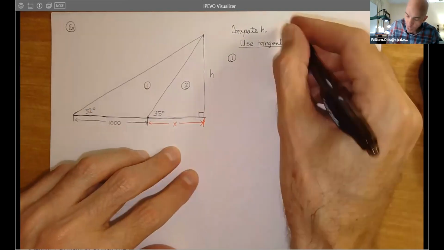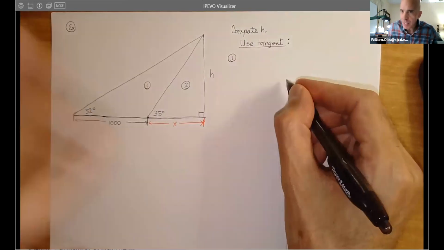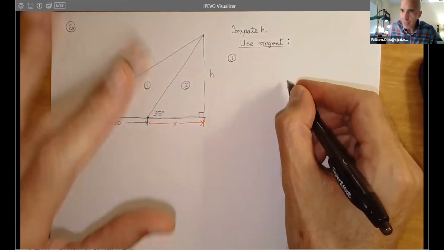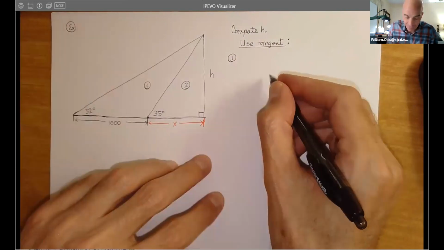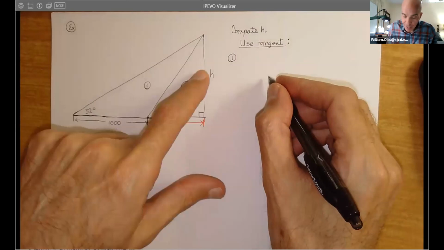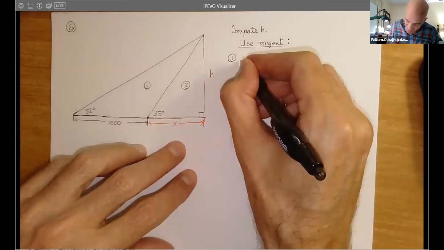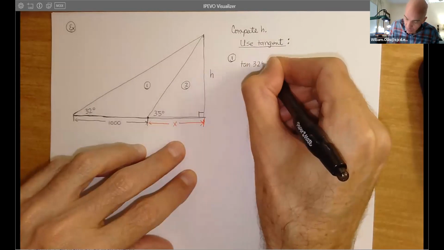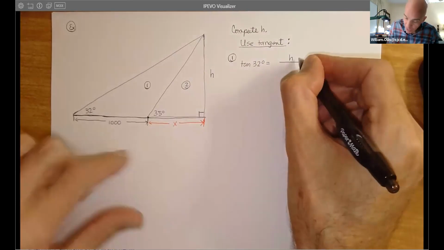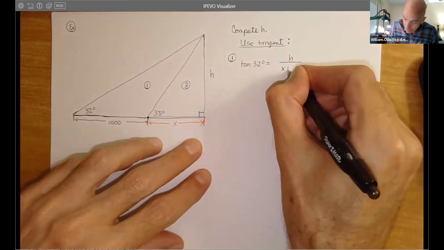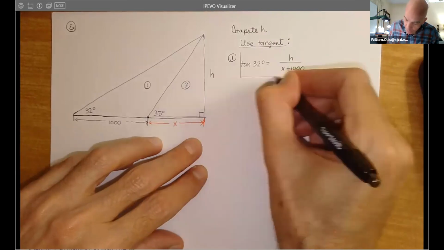We're keeping our fingers crossed that it makes sense, but we're still hanging on a thread, so to speak. So we get the opposite side over the adjacent side: tangent of 32 degrees will be H divided by X plus 1,000. So that's an equation right there.